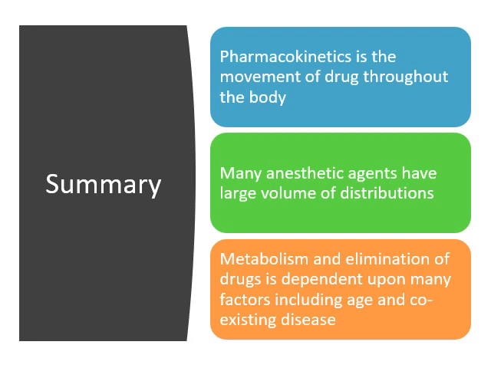So in summary, pharmacokinetics is the movement of the drug throughout the body. Many of our anesthetic agents have large volumes of distribution, and that's important to know as we dose and redose our drugs, and understanding how that volume of distribution in the presence of certain coexisting conditions can affect our drug kinetics, as well as metabolism and elimination of drugs, is dependent upon many factors, and that too includes coexisting conditions and extremes of age.